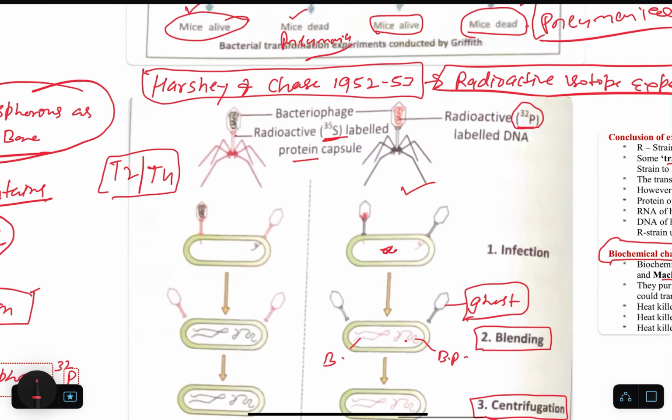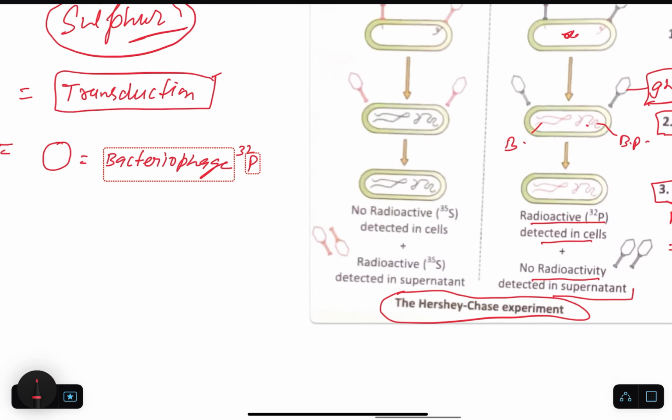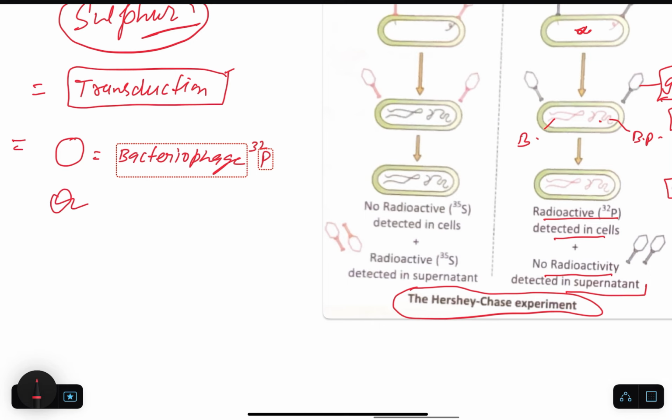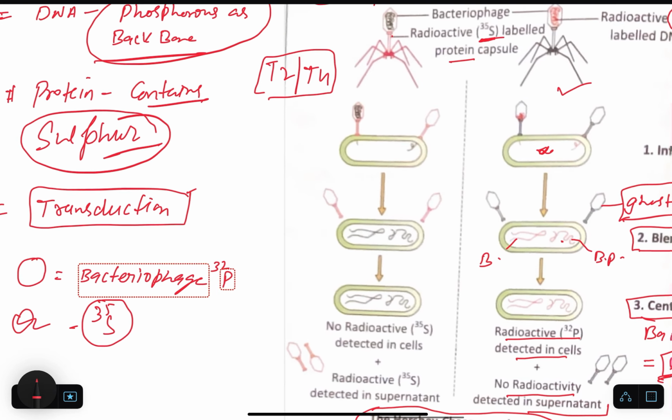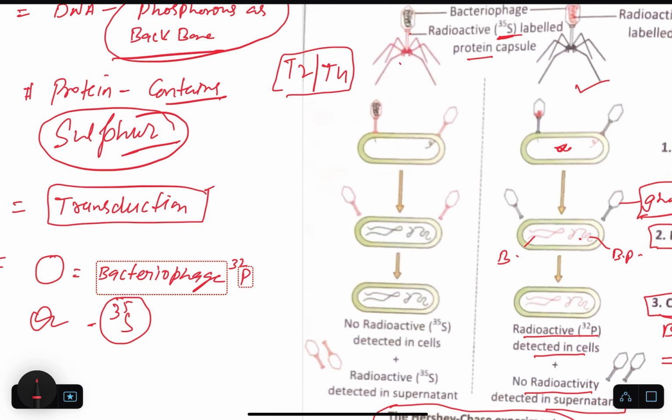A similar experiment is performed for the S35. They feed the bacteriophage on S35 containing nutrient media, and in the same way the bacteriophage attaches to the host body, produces a hole inside the host body and introduces its genetic material inside.